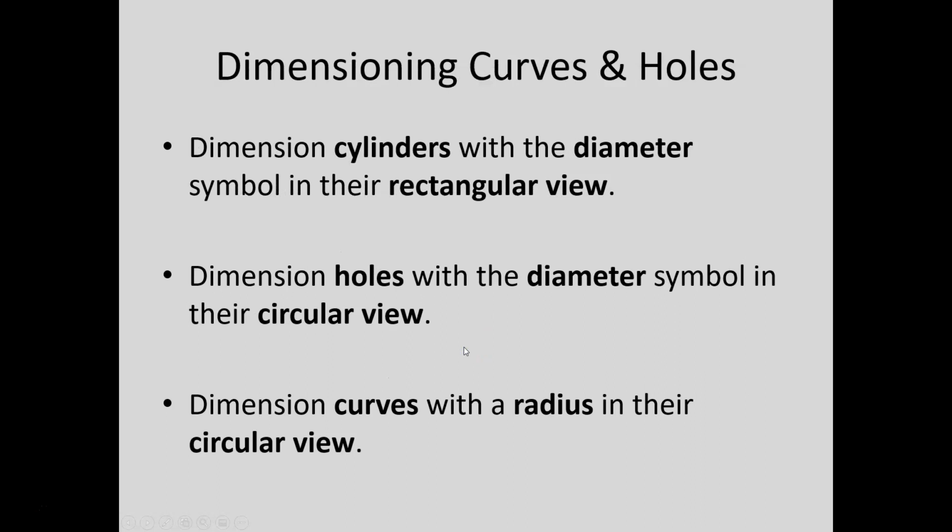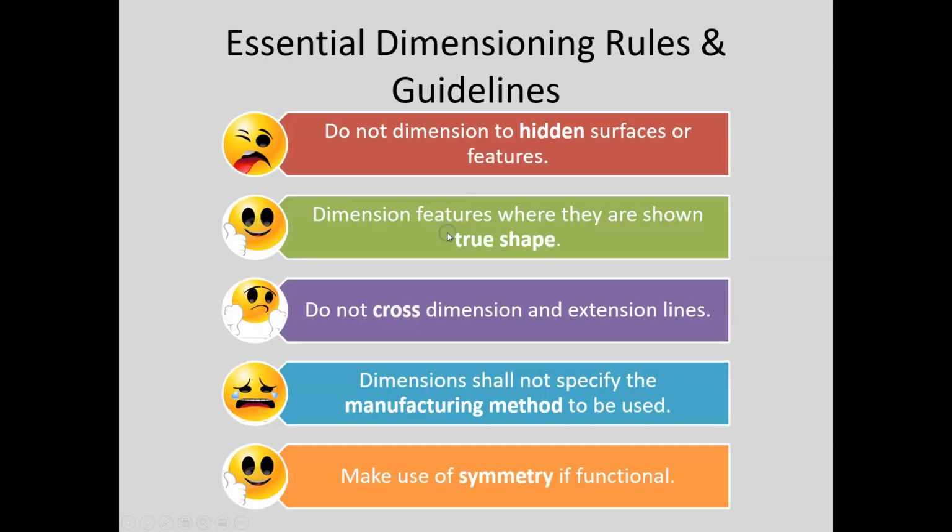All right, so continuing with our rules, we want to dimension cylinders in their diameter with a diameter in their rectangular view. Okay, we want to dimension holes with a diameter in their circular view. We want to dimension curves with a radius in their circular view. We do not dimension to hidden surfaces or features.